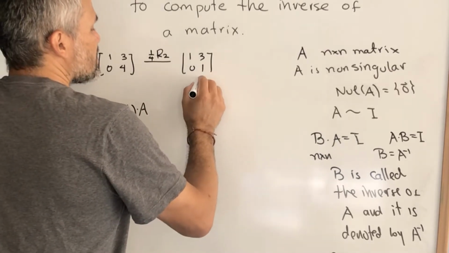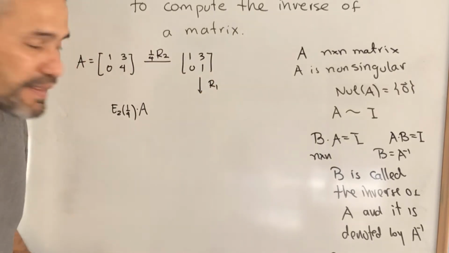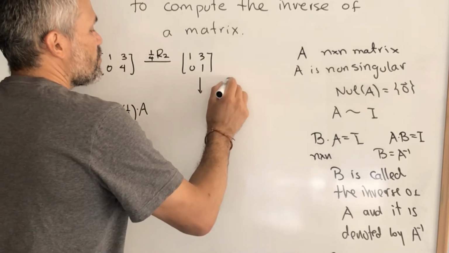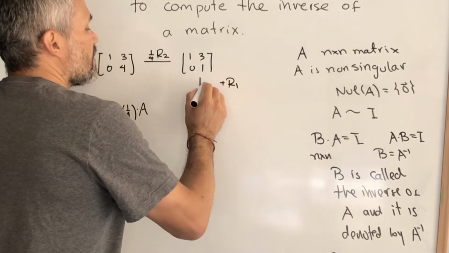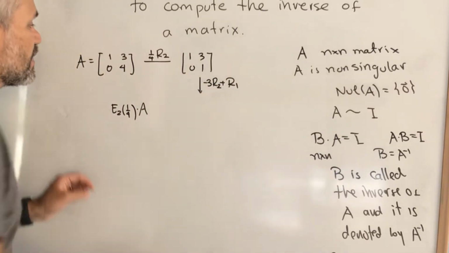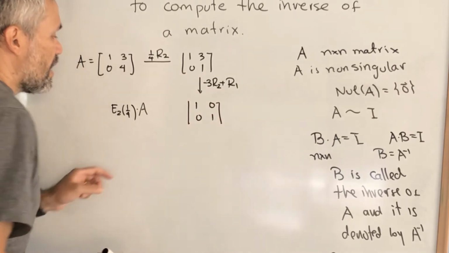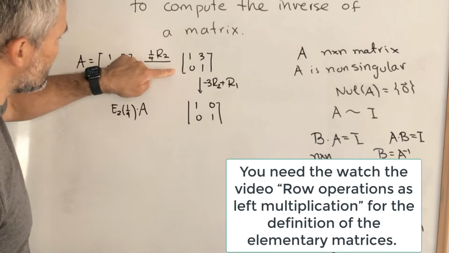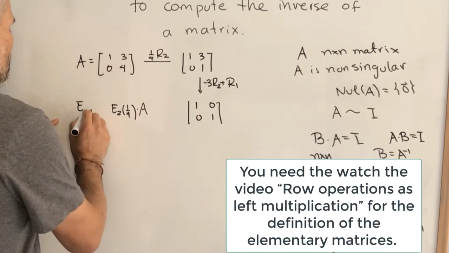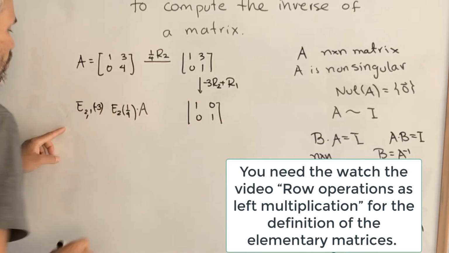Now let's do another change. Let's change row 1 by adding -3 times row 2. And then we get the matrix 1, 0, 0, 1. And that means that this matrix is equal to the previous matrix multiplied by the elementary matrix that changes row 1 by adding -3 times row 2.